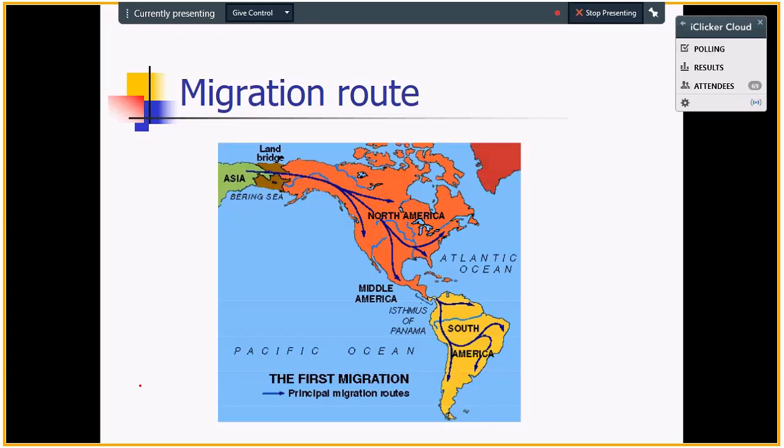Native Americans share a very large number of genetic markers with people of Asian descent. And so it's almost conclusive that the first Americans were these Asian nomads.